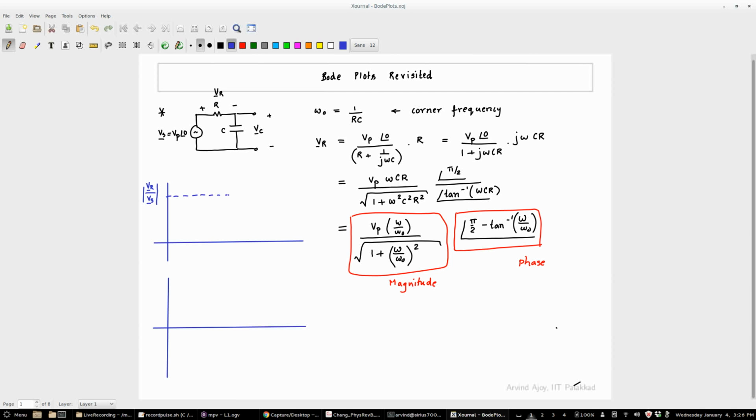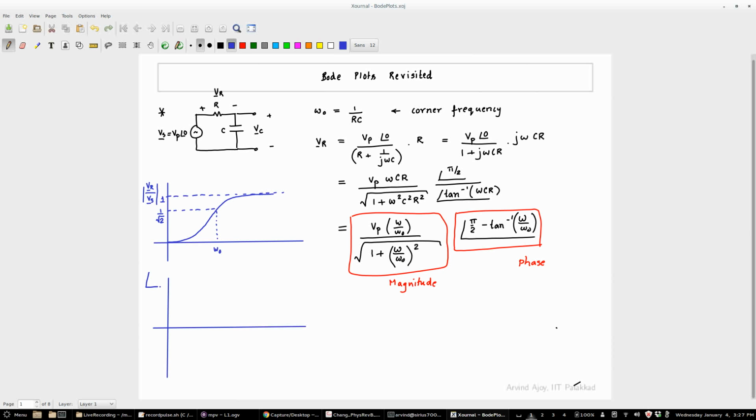And at high frequencies, you can neglect 1 with respect to omega by omega 0 squared, and hence at high frequencies this function tends to 1. So the plot will look something like this. If I plot this as 1, then at low frequencies I'm at 0, and then at higher frequencies I go up, and asymptotically I reach 1.